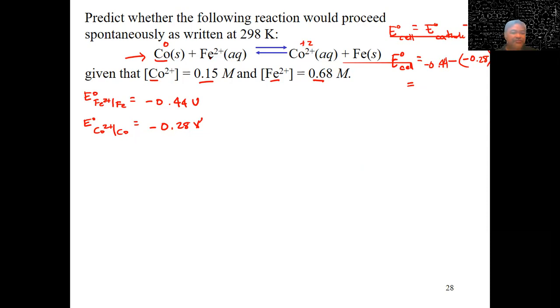Now yung Fe2+, naging Fe. So from +2, naging 0. So siya yung na-reduce. Now, the one that we solve here is just the standard cell potential. And that is equals to what? Based on the number here.